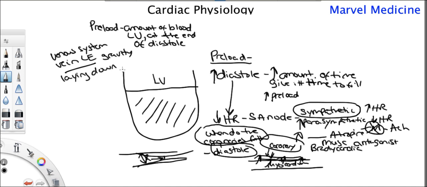Or going in the Trendelenburg position, putting your legs up, elevating the lower extremities. What does that do? It brings all the blood, basically, that you have from your lower extremities up to your right atrium, right? Okay? Now let's draw that again.